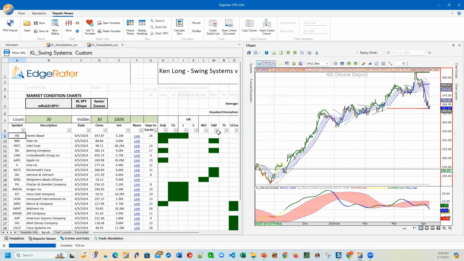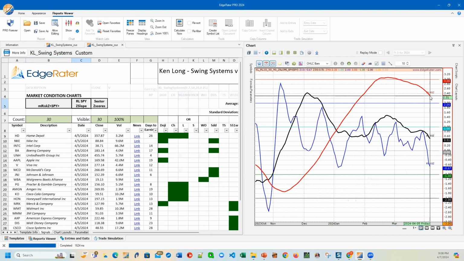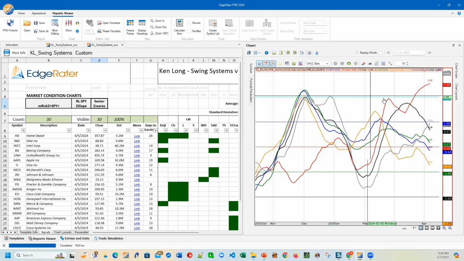So if we look at what's happening from a market standpoint, it looks like things are starting to curve down. The RL 90, 30, and 10, they're all rolling down. From a sector standpoint, XLE, the energy sector, is still rising, as well as XME, the metal sectors.